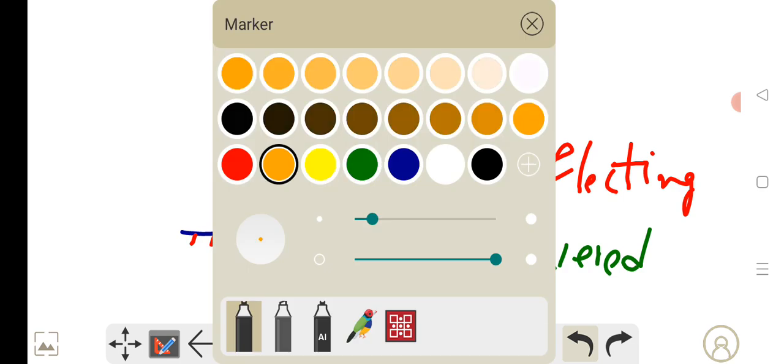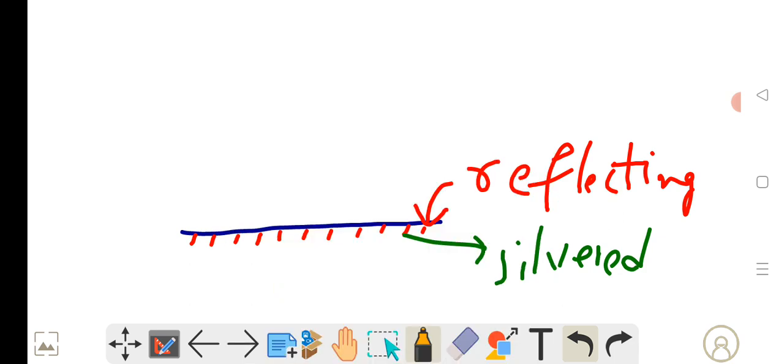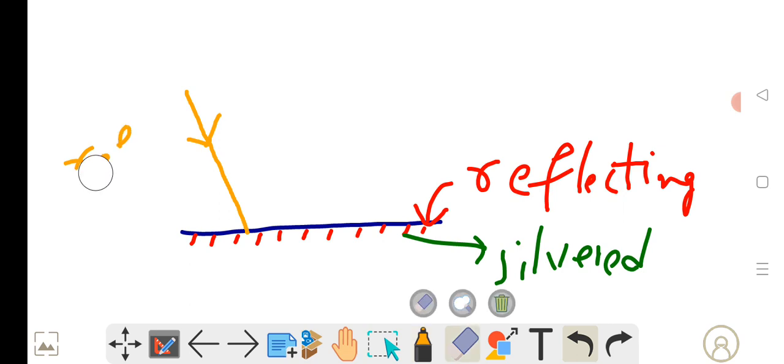Generally here I am just drawing a ray of light instead of a beam of light, because we have learned light travels in a straight line, so here we are going to learn only rays, and one single ray we are going to take. Now this ray which is coming towards the mirror, we call it the incident ray. What do we call this one? The incident ray.